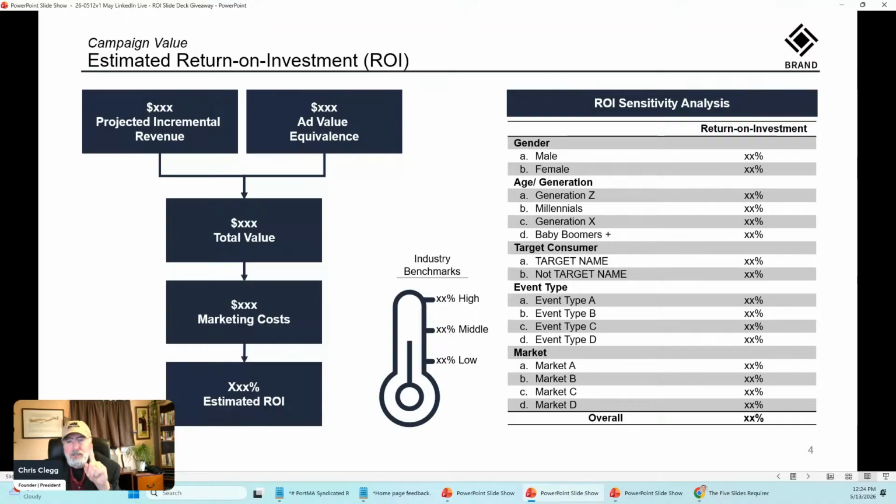But really what matters the most is when you're segmenting that ROI by the different scenarios that you developed. So if you were talking to men versus women, or different age groups, or that target consumer versus not, maybe there are different venue types or markets you were at, and you run that ROI, like I said before, we call it a sensitivity analysis, you run that across all these different scenarios, and what starts to emerge is a very clear picture of where that value is coming from.